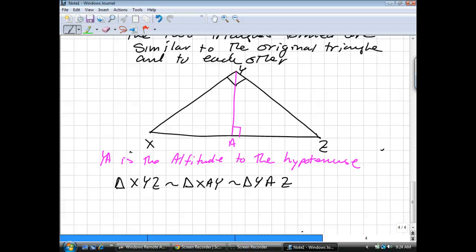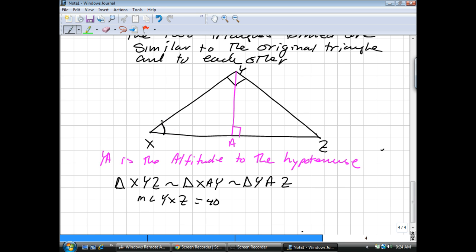Right, and if measure of angle YXZ equals 40, so YXZ would be this angle.